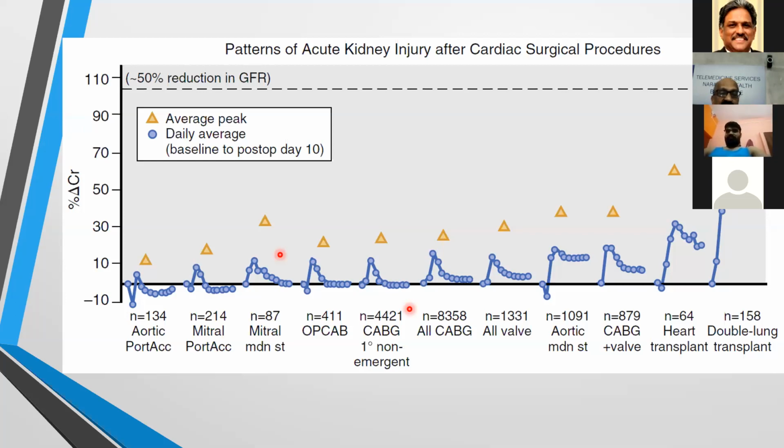As you progress, more and more invasive procedures cause a greater increase in the average peak of the serum creatinine in the post-operative period. These are the serum creatinine values determined on a daily basis up to the post-operative day. These are the serial values, and this is the average peak value of the serum creatinine in that group.